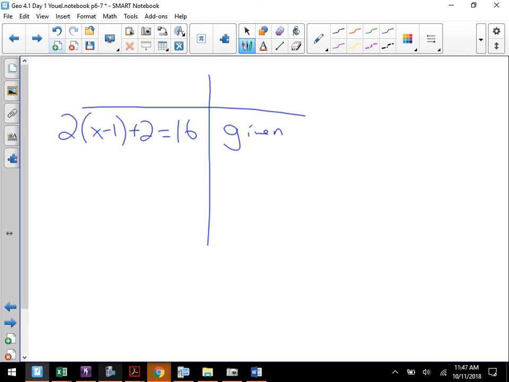After you do your given, what would you do next? Yep. You do your distributive properties. You have 2x minus 2 plus 2 is 16, and you called it your distro problem. Yeah, I would simplify here. Why would I simplify next, guys?